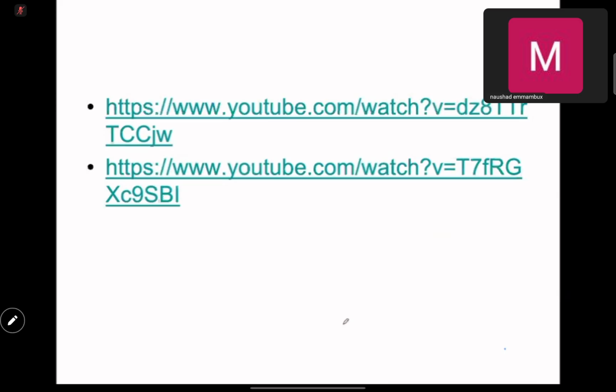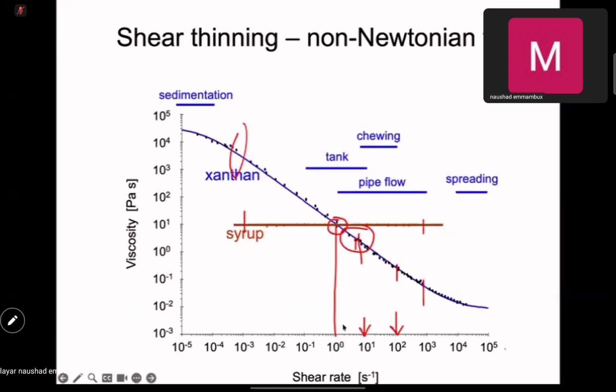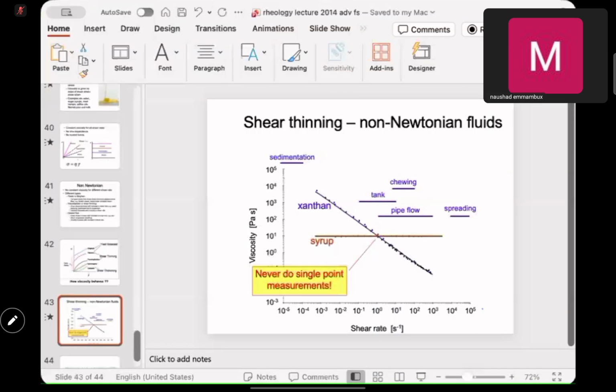This is what I wanted to show in terms of the viscosity and rheology lecture today. I don't know if anybody has any question or comment.